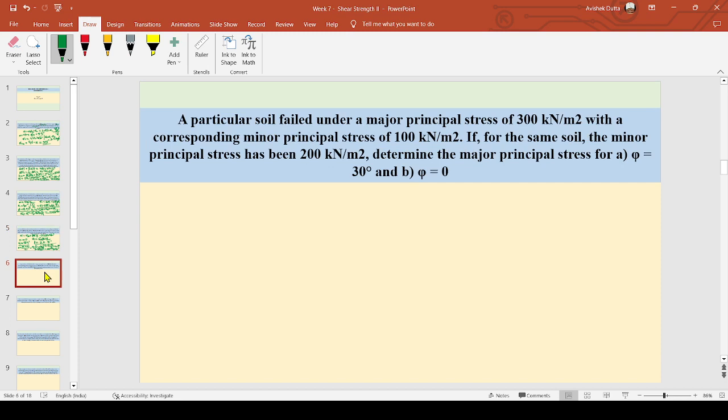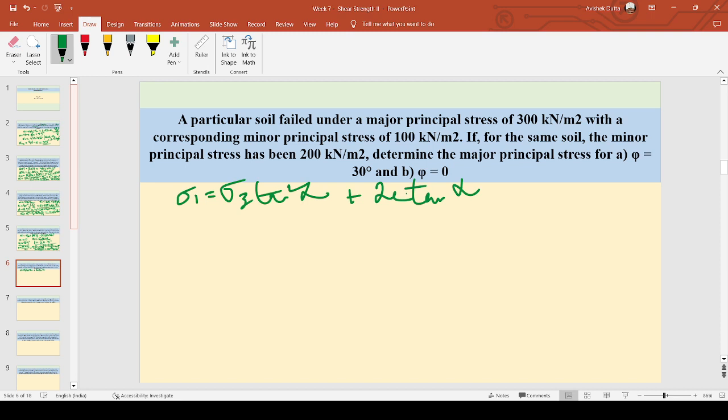A particular soil with major principal stress of 300 and corresponding minor principal stress of 100. Okay. So the main equation, the primary equation, sigma 1 equals sigma 3 tan square alpha plus 2c tan alpha.